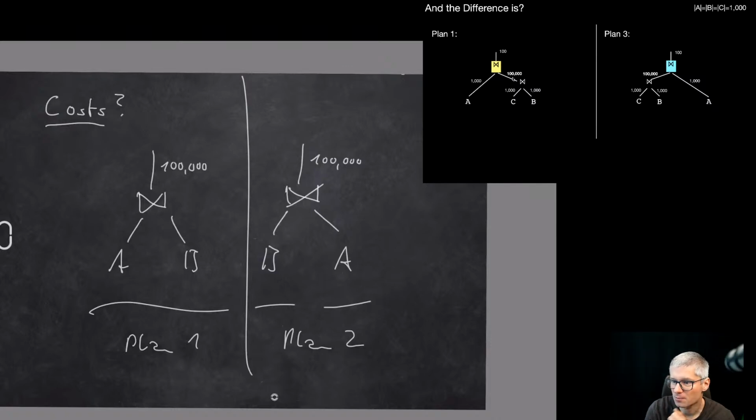What if I do sort merge join? Would it make a difference? Any ideas? Sort merge join. We talked about that, I think, last time. SMJ is the abbreviation for that. Any ideas? Write it down in the text channel.